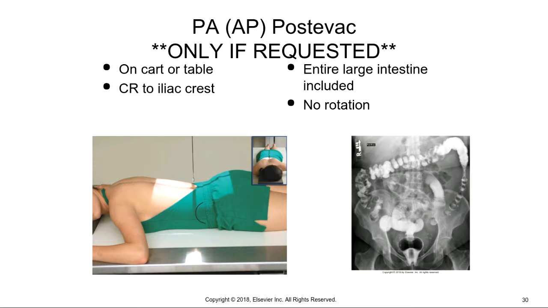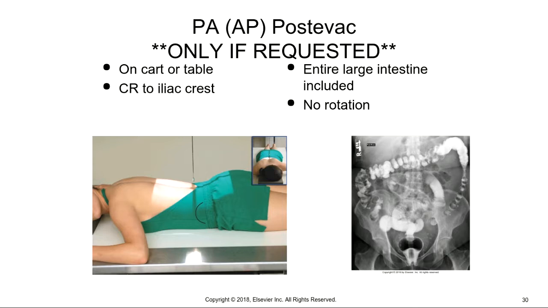You're going to hear a lot of passing gas, but that's okay because we want them to empty as much as they can. We are cleaning up the room, and only if it's requested do we do a post-evac. With a double contrast, it's typically not requested, but depending on what's going on with the patient, the radiologist may ask for one.